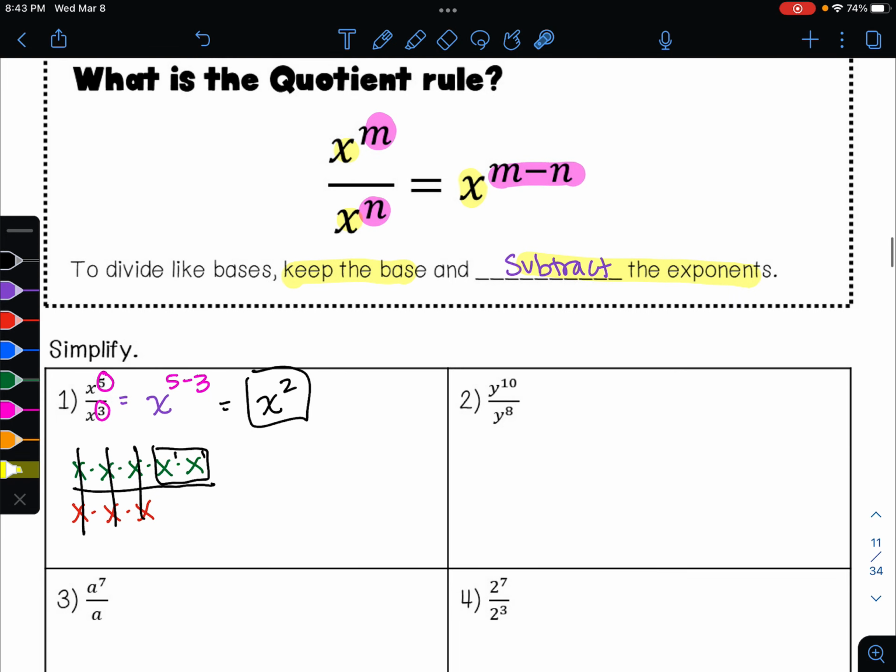So let's try that again on example 2. What is my base on example 2? Our base is y. We want to subtract our exponents, numerator minus denominator. What is 10 minus 8? 2. So my answer is y squared.